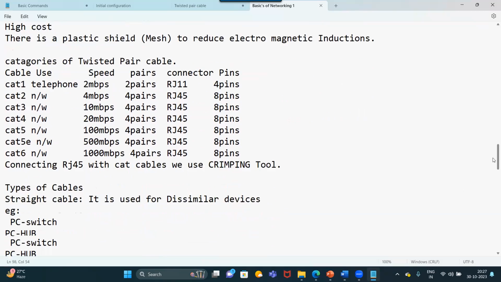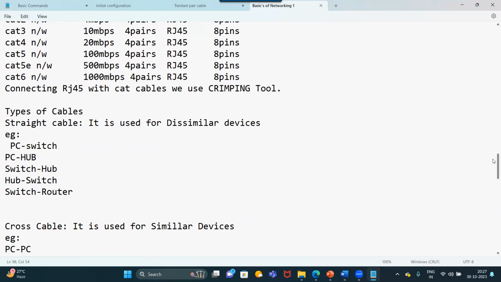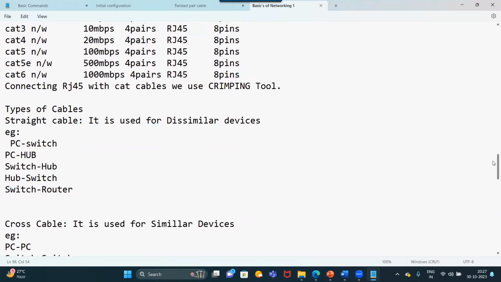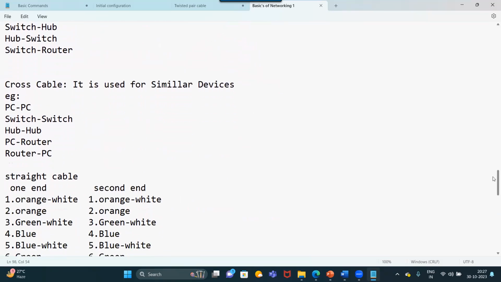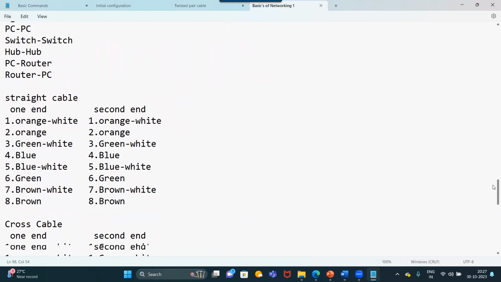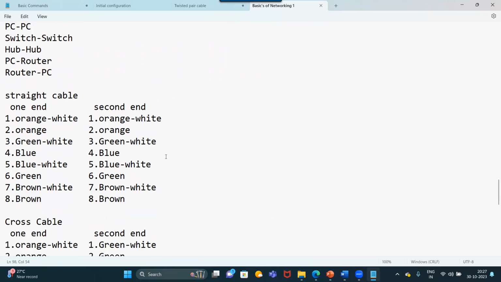So how to find which is a straight cable and which is a cross cable: by color coding. Straight cable and cross cable we can find by using the color coding. This is the color coding for straight cable. 8 wires. Both sides color is the same. Both sides we use the same color coding for straight cable.